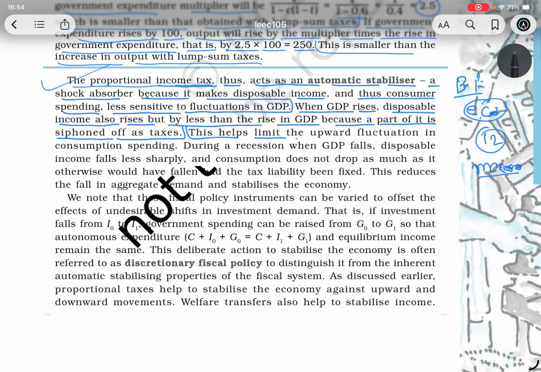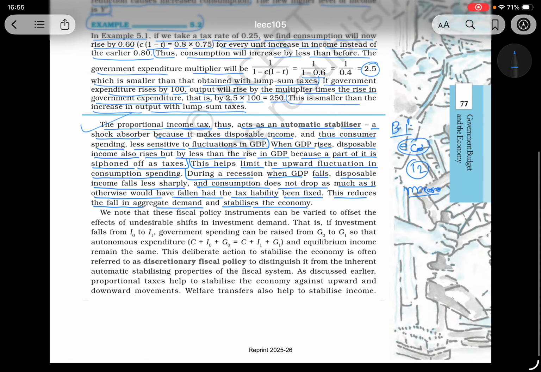This helps limit the upward fluctuations in consumption spending. During a recession, when GDP falls, disposable income falls less sharply and consumption does not drop as much as it otherwise would have fallen had the tax liability been fixed. This reduces the fall in aggregate demand and stabilizes the economy.